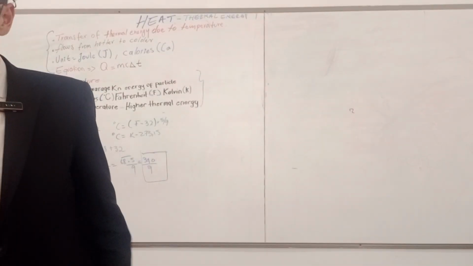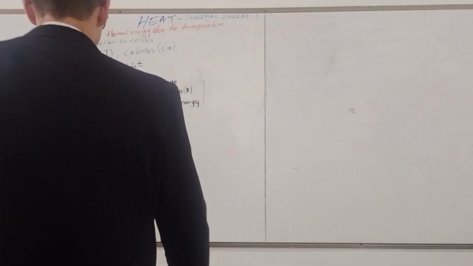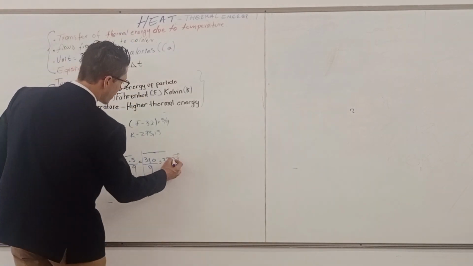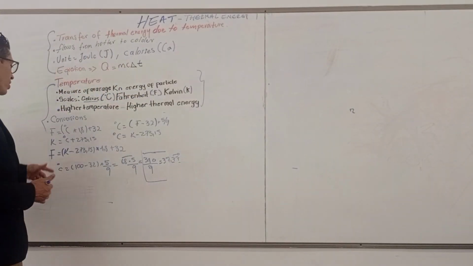Then if you want to know how much is this, please figure it out by yourself. And the answer is 37.777 periodically, right? Then that's 100 Kelvin.